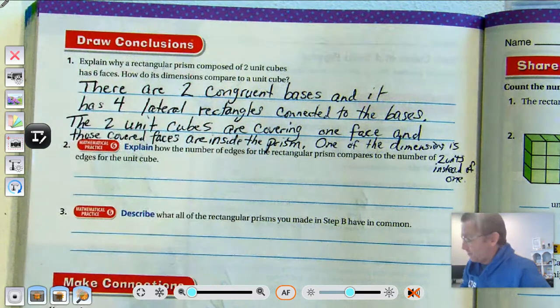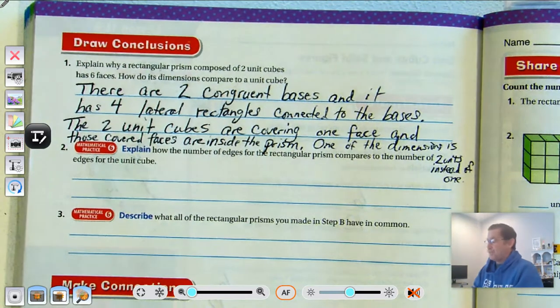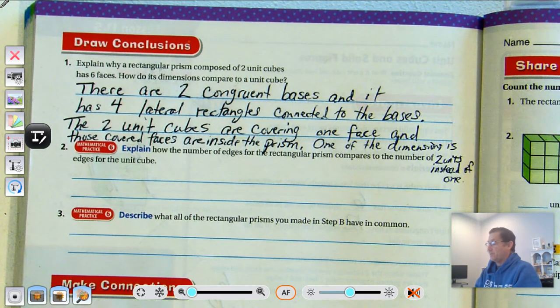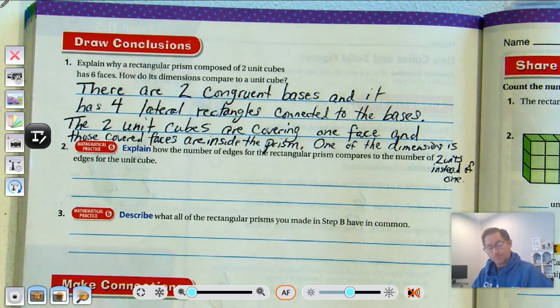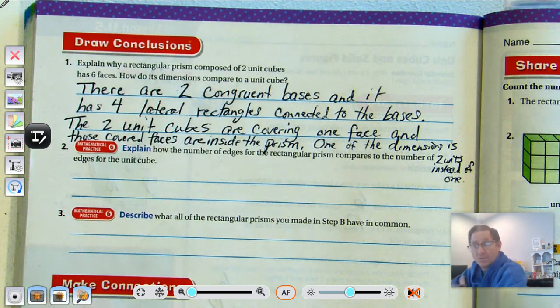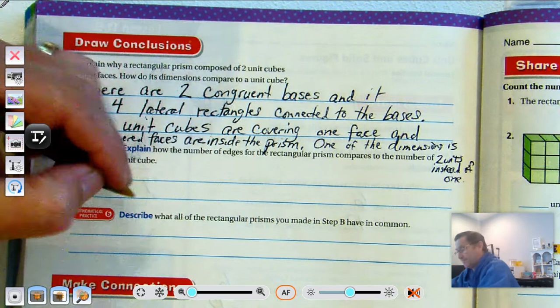All right, so explain how the number of edges for the rectangular prism compares to the number of edges for the unit cube. Well, they're also the same. Okay, they both have 12 edges.